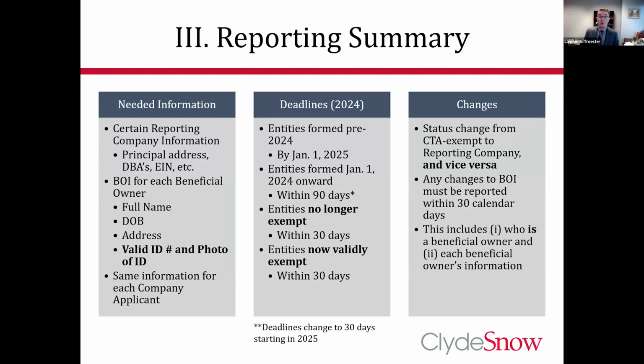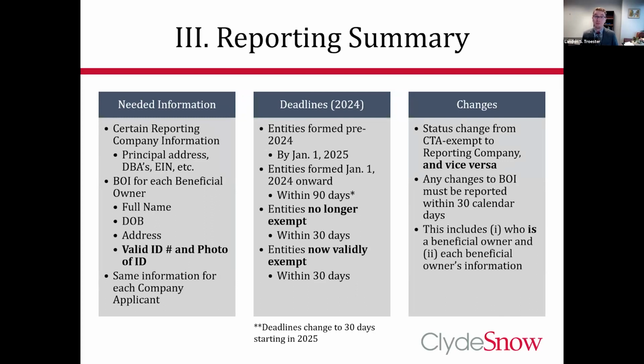There's also an important piece to this. We talked about exemptions, companies that are exempt from having to report. If you fall out of an exemption, let's take, for example, the large operating company that requires 20 or more full-time employees and annual receipts of $5 million. If next year your annual receipts drop, you have to tell FinCEN that has changed within 30 days.